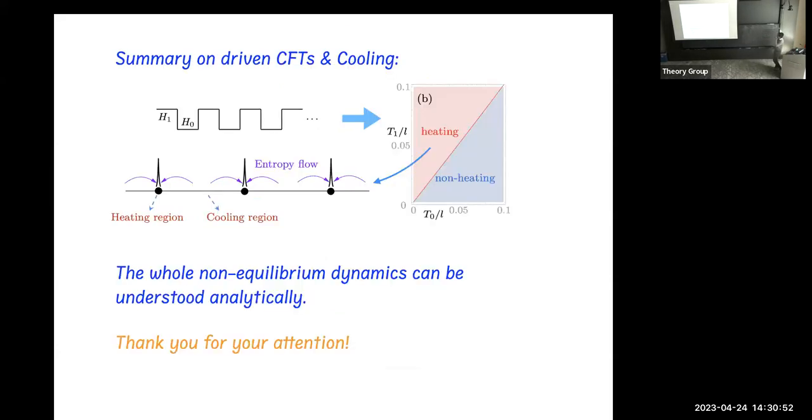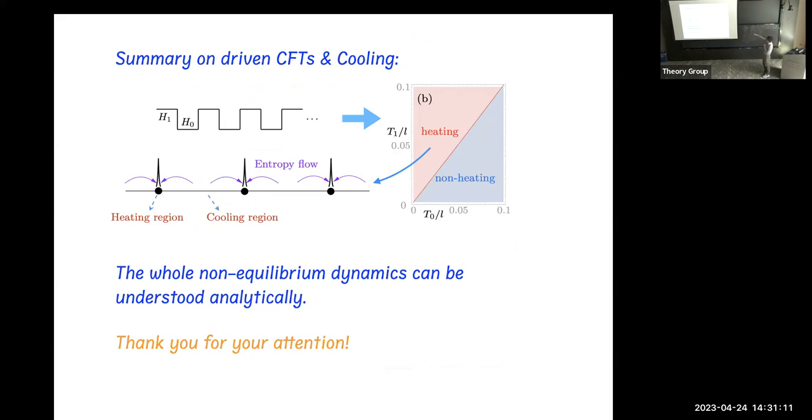Okay, so that's it. Let me give a summary of the talk. We start from a very simple time-dependent driving of the CFT. We can solve this problem. There can be two different phases depending on your driving.